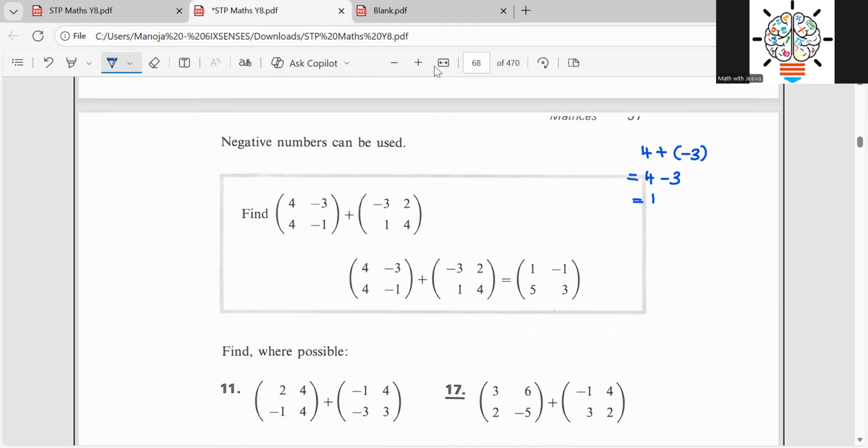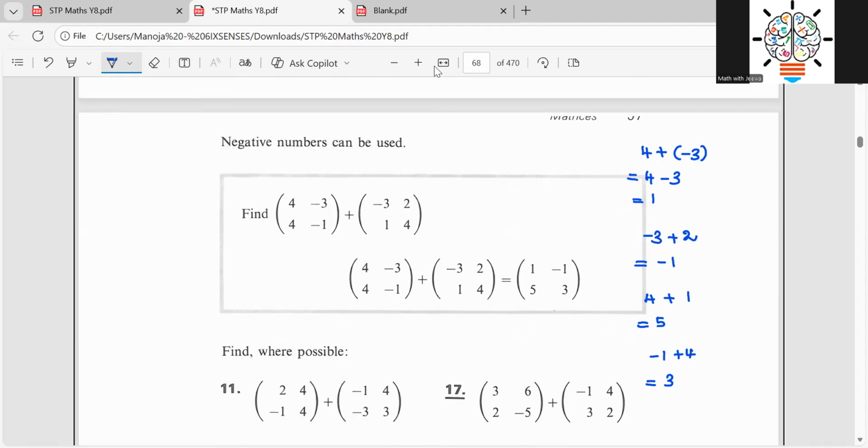Right? Then the next one, negative 3 add 2. So then it is negative 1. Then 4 plus 1, the answer is 5. Negative 1 add 4, the answer is 3.